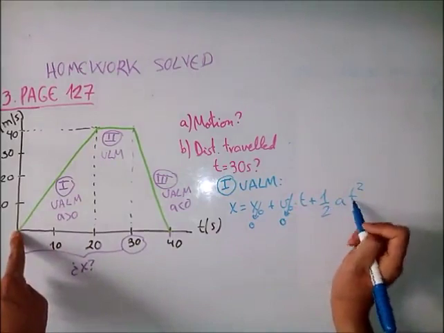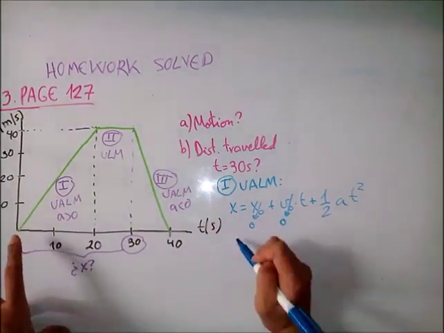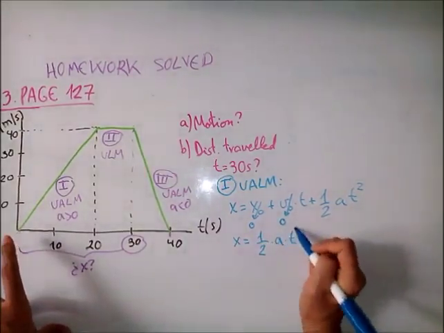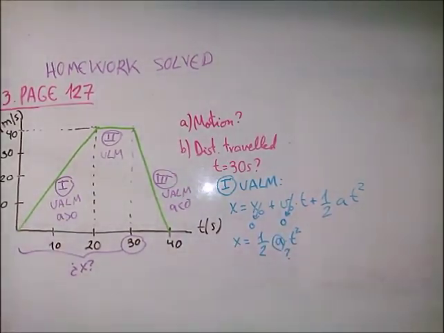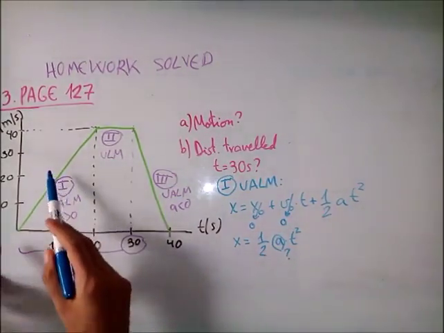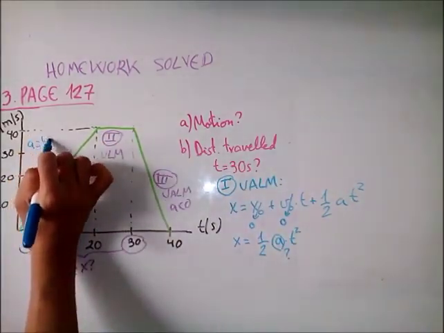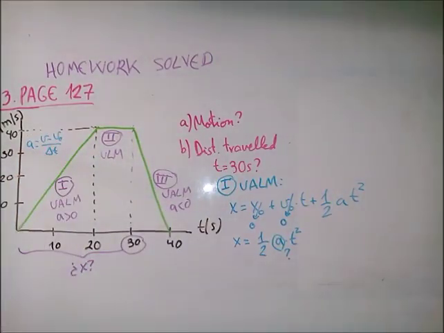And 1/2 over acceleration times square, okay? So we know distance travel is 1/2 times acceleration times square. What is the problem here? We don't know the value of acceleration, so we need to calculate it from here, okay? So acceleration equals v minus v0 divided by time, okay?